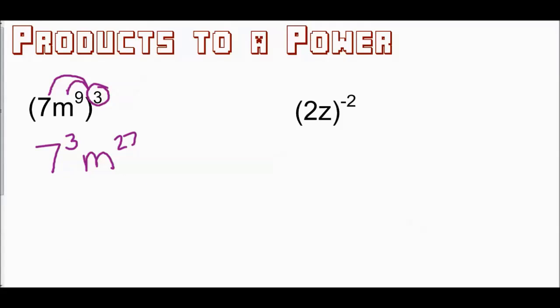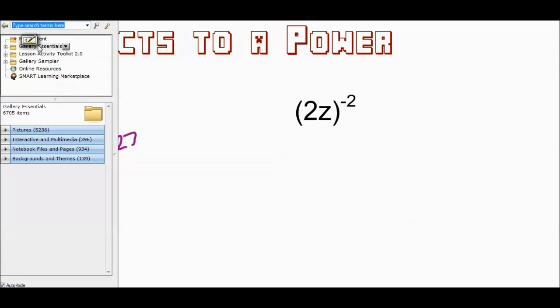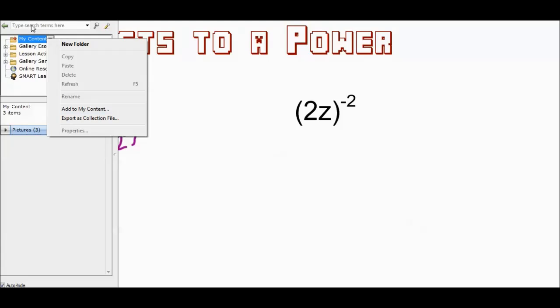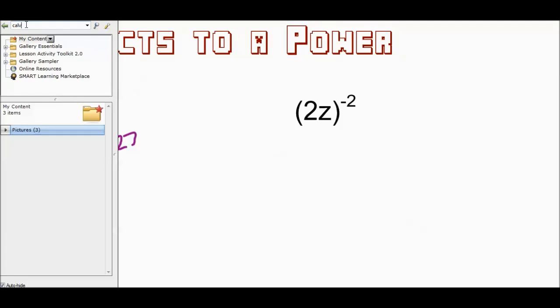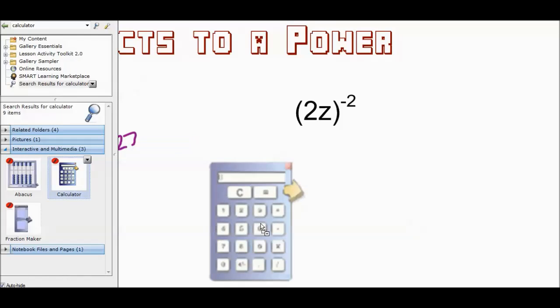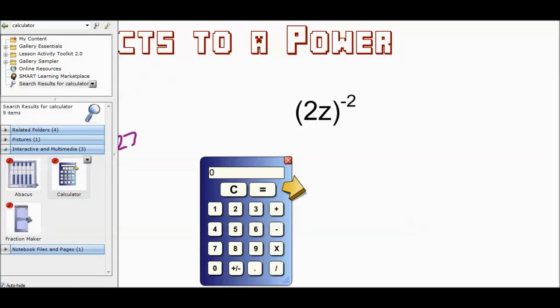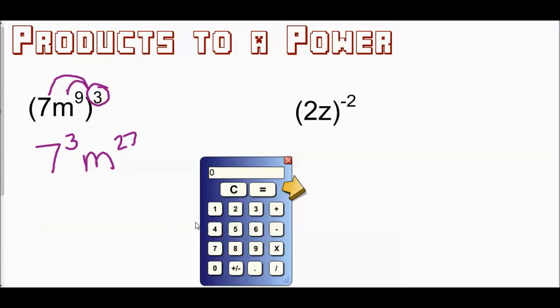If you were to go ahead and expand 7 to the 3rd power, let's get a calculator. So 7 times 7 times 7 is 343. So I have 343 times m to the 27th power.